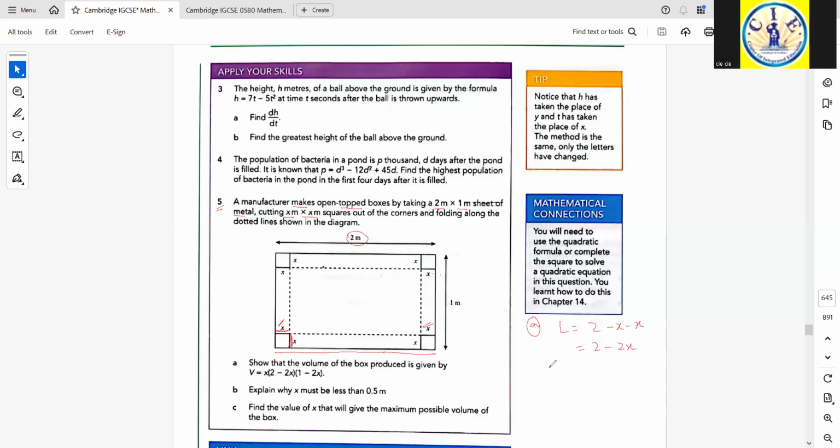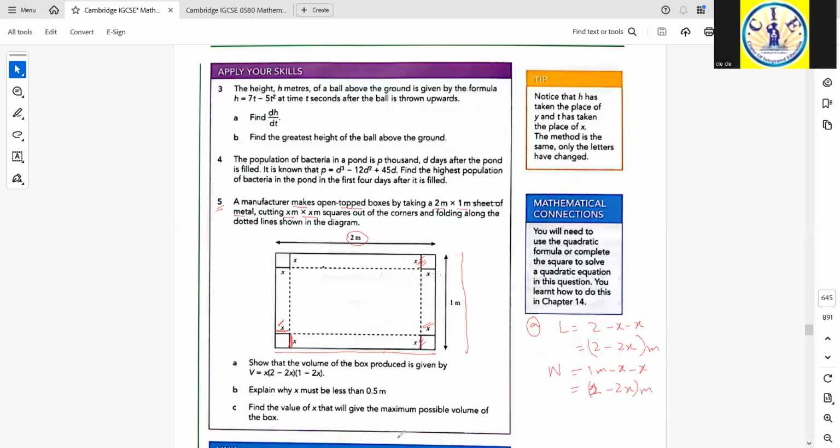And from the width, one x has been cut from the bottom, and the other x has been cut from the top. So width is also 1 meter minus x minus x, that is 1 minus 2x meters.